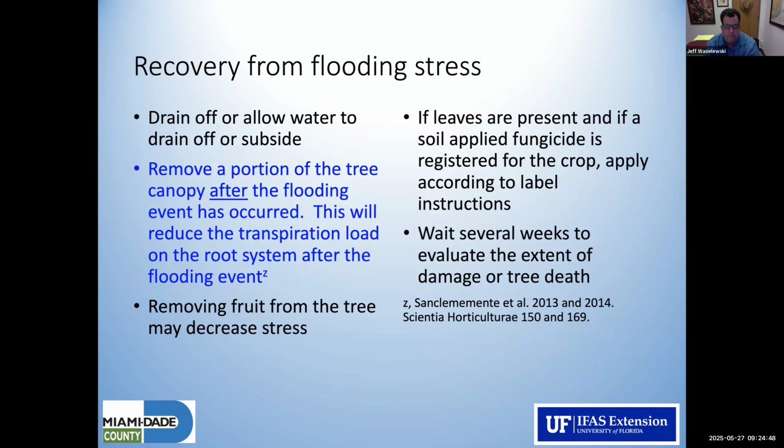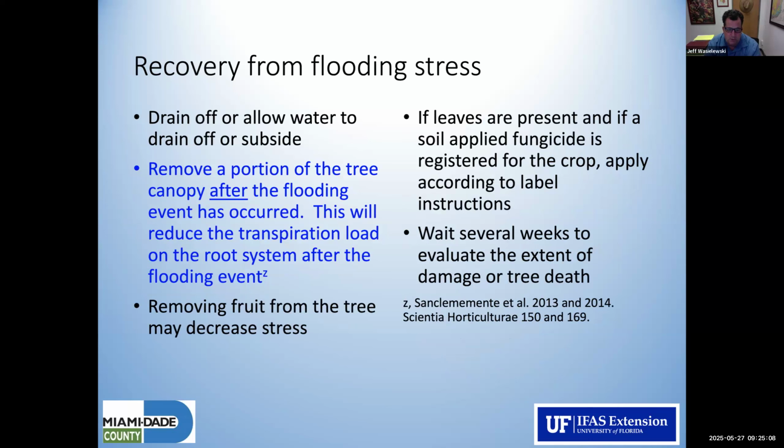So, recovery: try to drain off or allow water to drain off. That's difficult. Remove a portion of the tree canopy after the flooding event has occurred. Remember, the tree can no longer get water.